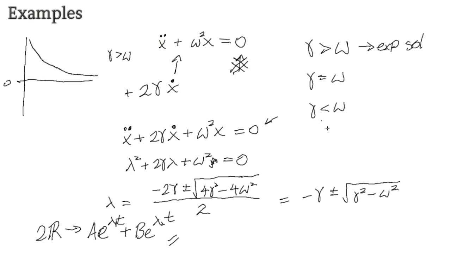For gamma equals omega, it would be a bit more interesting. You would get a 0 over here, so you get 2 lots of minus gamma as your solution. We know for double roots, we get a solution in the form of (at plus b) e to the lambda t.